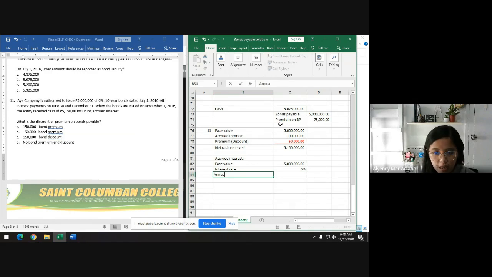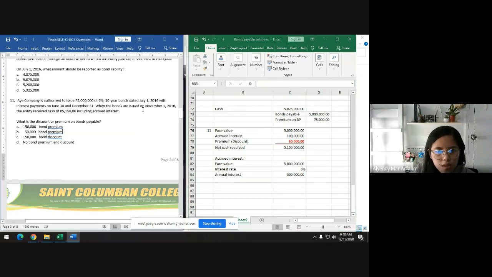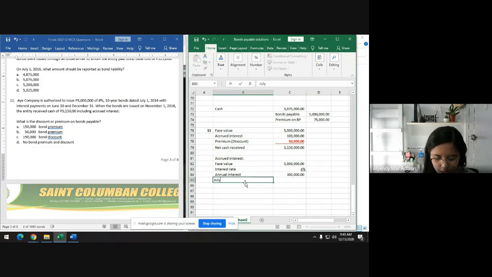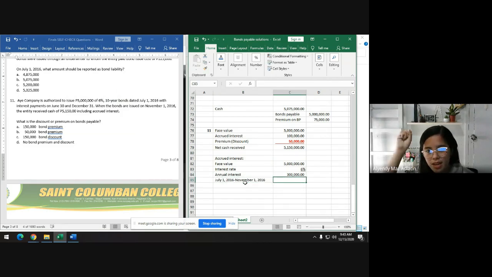This is the annual interest. Annually, the interest is 5 million times 6%. But we only have from the date of the bonds, July 1, until November 1. July 1, 2016 to November 1, 2016, how many months? We start counting from August 1: August 1, September 1, October 1, and November 1, that is 4. So, 4 over 12.